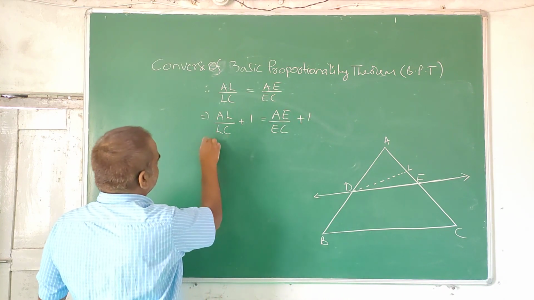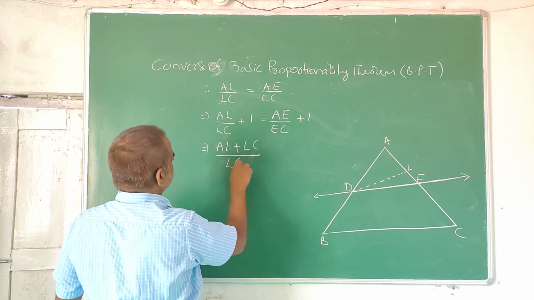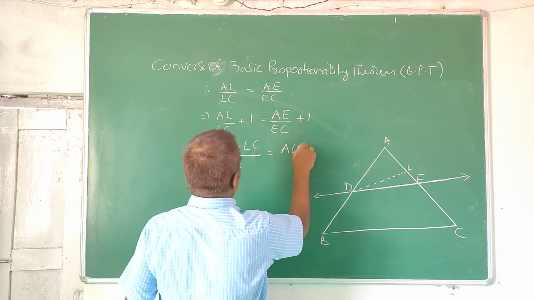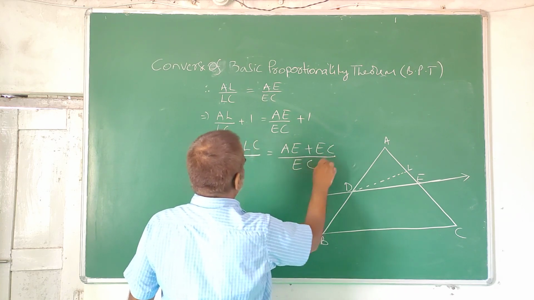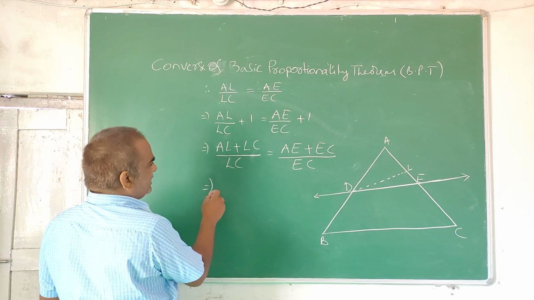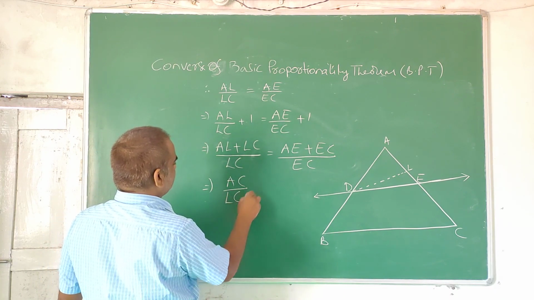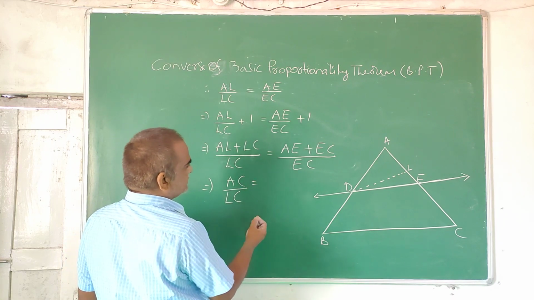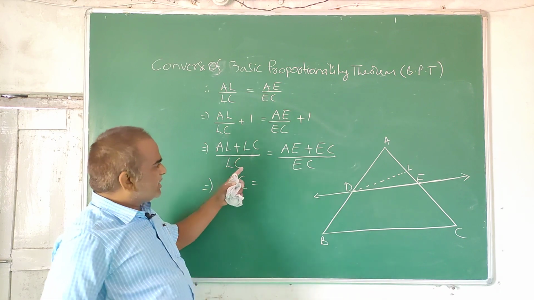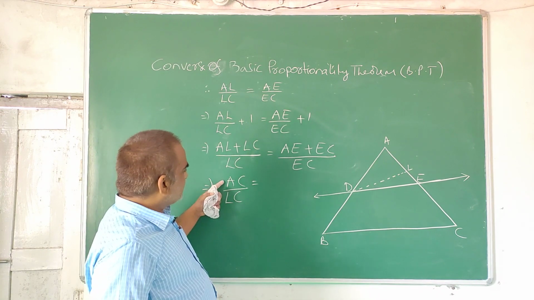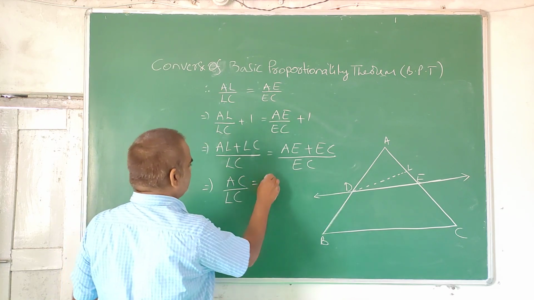So if you take the LCM, AL plus LC by LC is equal to AE plus EC by EC. Then AL plus LC gives you AC, so AC by LC is equal to AE plus EC, which gives again AC.